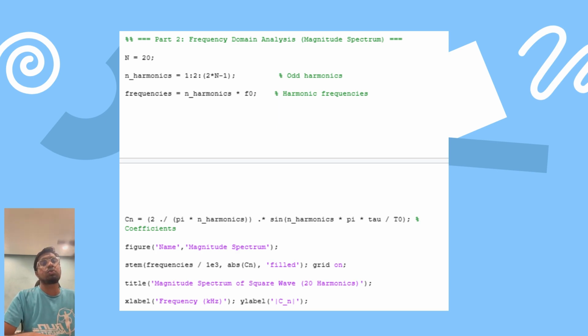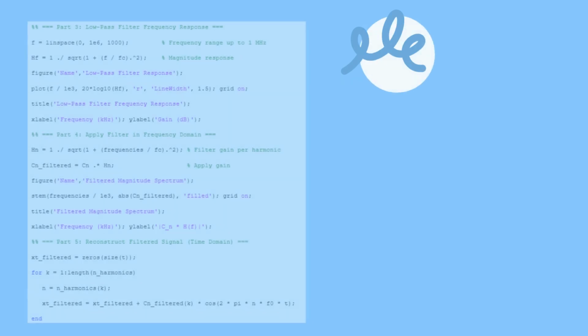Cn equals 2 over pi n times sin of n pi tau over T0, representing the amplitude of each harmonic component. The x-axis is frequency in kilohertz, and the y-axis is the magnitude of the coefficient.